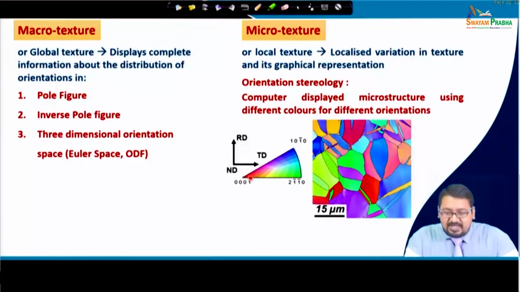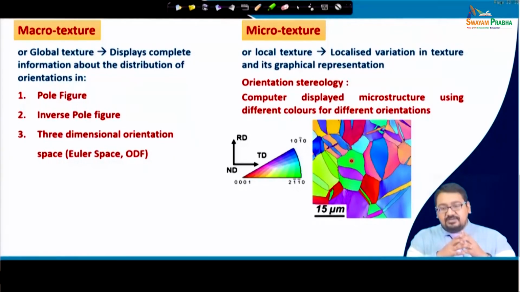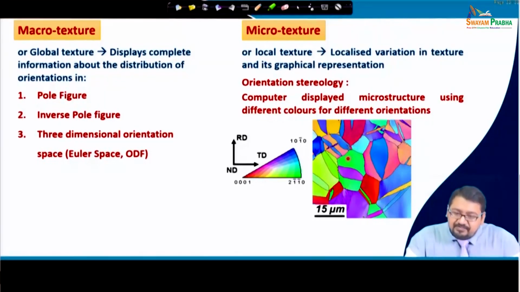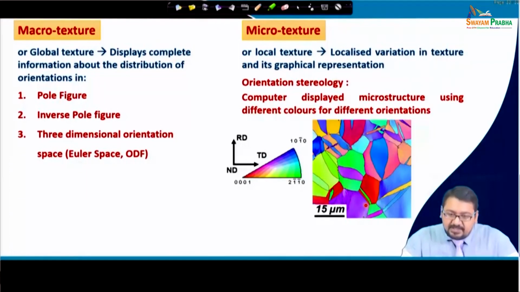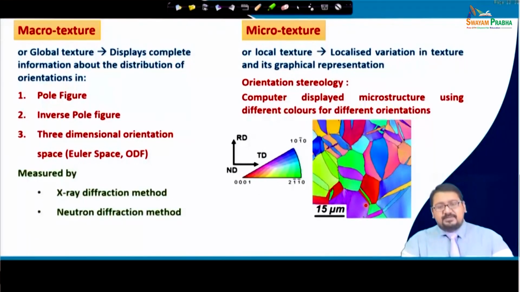If it is red, that means this grain has an orientation 0001. When it is green, that means this grain has an orientation of 11-20, whereas the blue grains have orientation near to 10-10. So, this microstructure is a quantitative microstructure which is obtained by the EBSD technique.